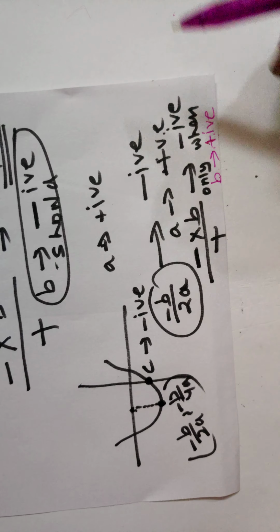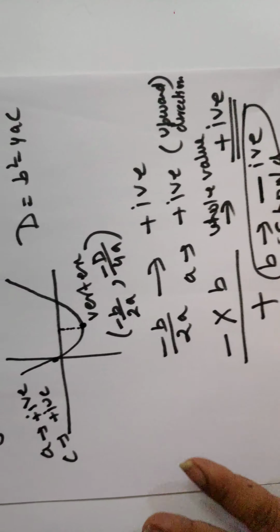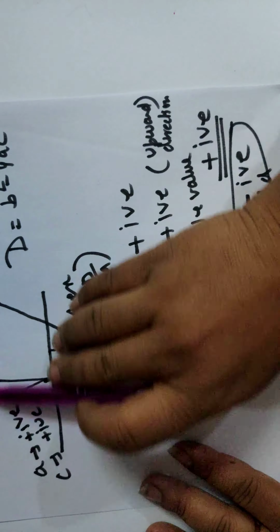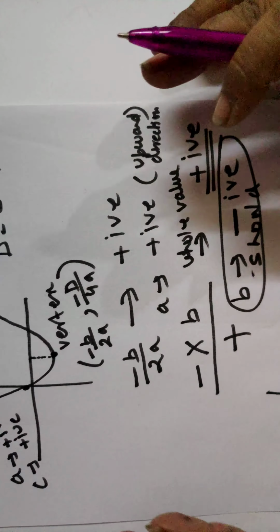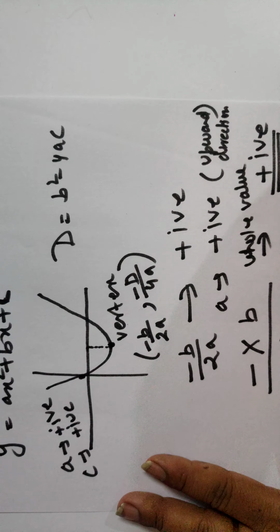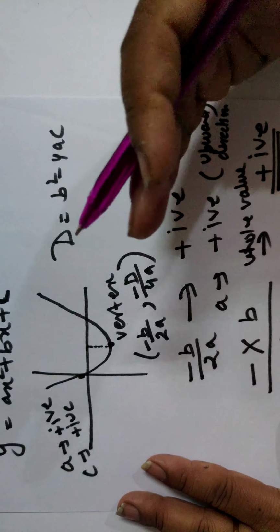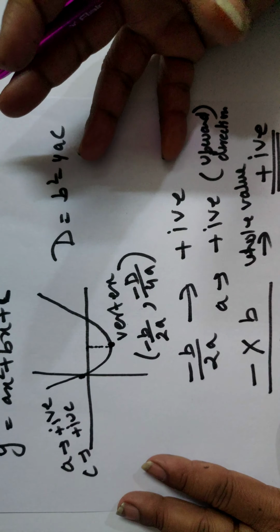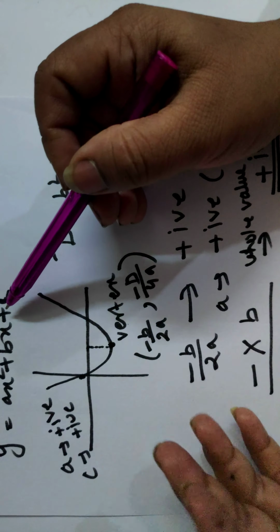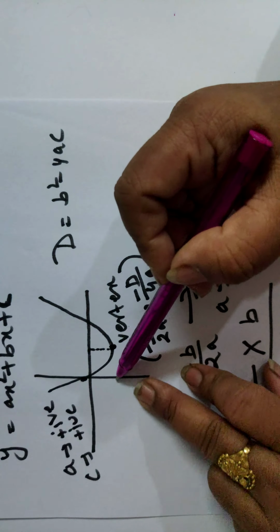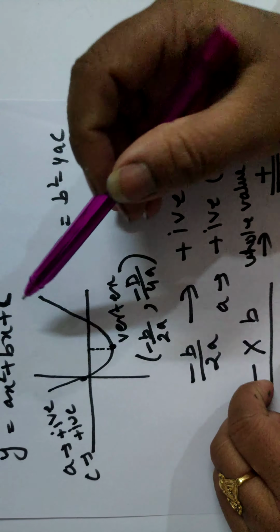It is vice versa also. After seeing the polynomial and the signs of the coefficients, we can imagine the parabola: which type of parabola we will get and where it will cut. Suppose C is negative, so definitely the graph will cut the y-axis on the negative side.